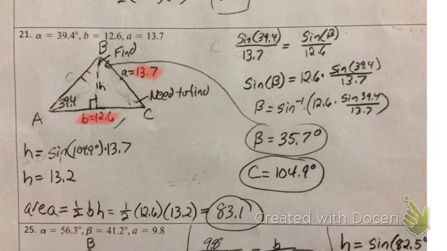And once I have C, I just use C to get my height. Once again, sine of C equals opposite, which is h, over hypotenuse, which is 13.7. And that simplifies down to h equals sine of 104.9 degrees times 13.7, which is 13.2. Plug it in our area formula, and you come up with 83.1 units squared if we had units.